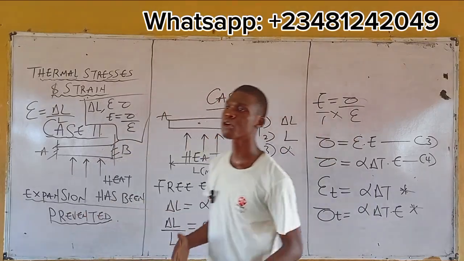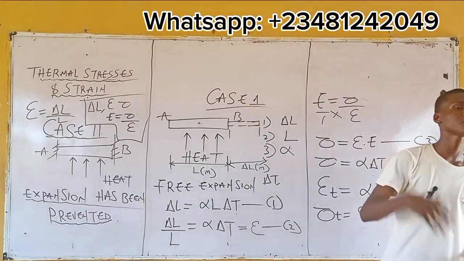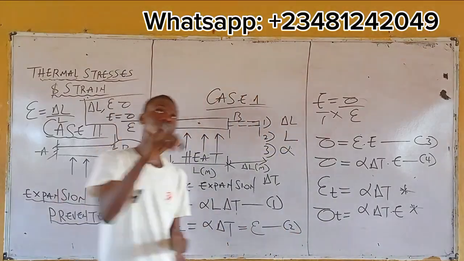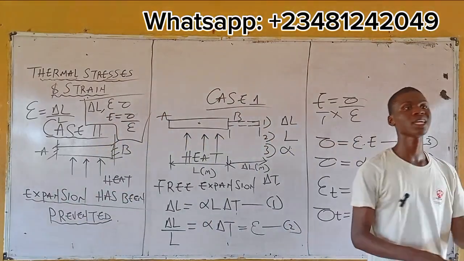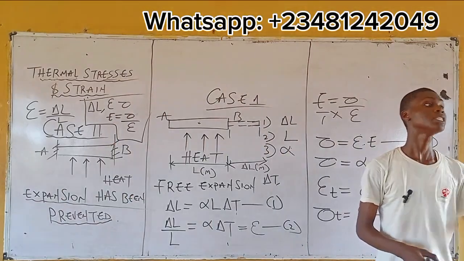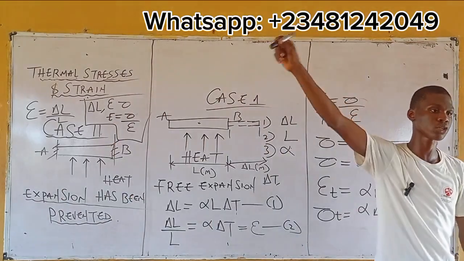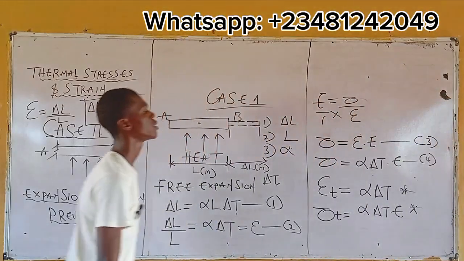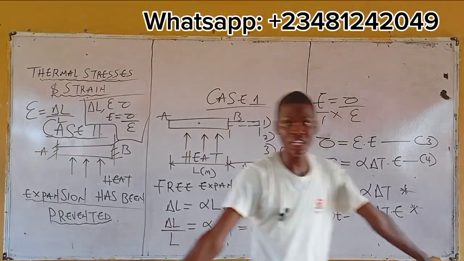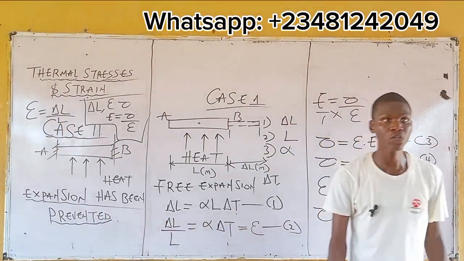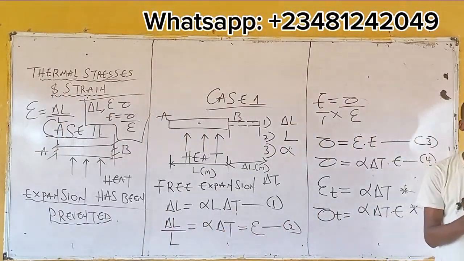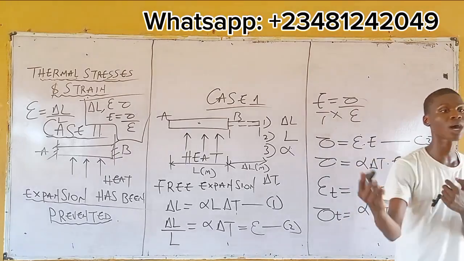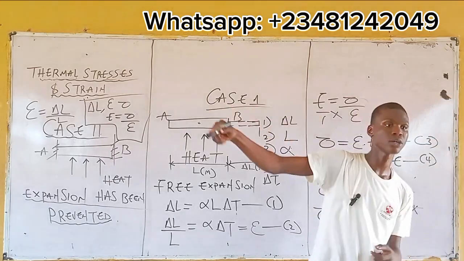What is another name we call Young's modulus? Modulus of elasticity. We are going to see the difference between modulus of elasticity and modulus of rigidity in the torsion equation. Now, we are doing stresses and strain, so we represent stress as sigma and strain as epsilon.